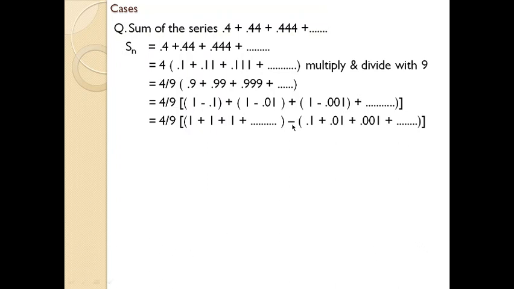After that, in the next brackets, you need to add all those numbers that are the second number within the brackets in this series. That is here 0.1, 0.01, 0.001.